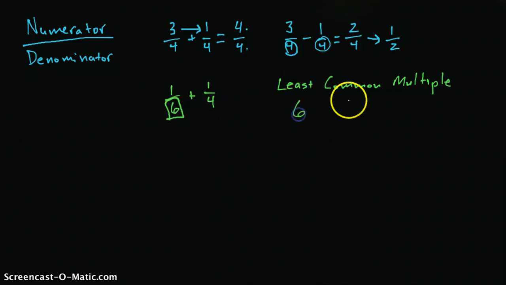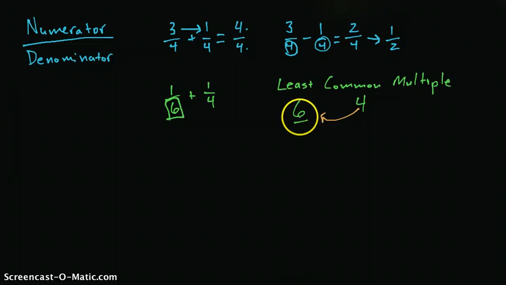So we have a 6 and we have a 4. 6 is bigger than 4, so the least common multiple will at least be 6. So now we have to ask, is 4 going to fit into a 6? No, it's not.